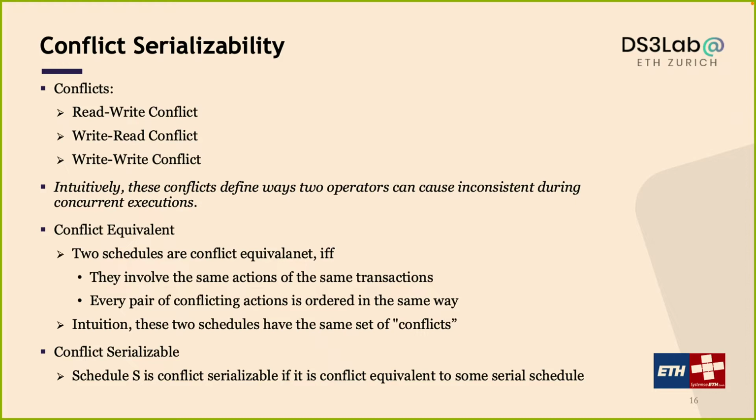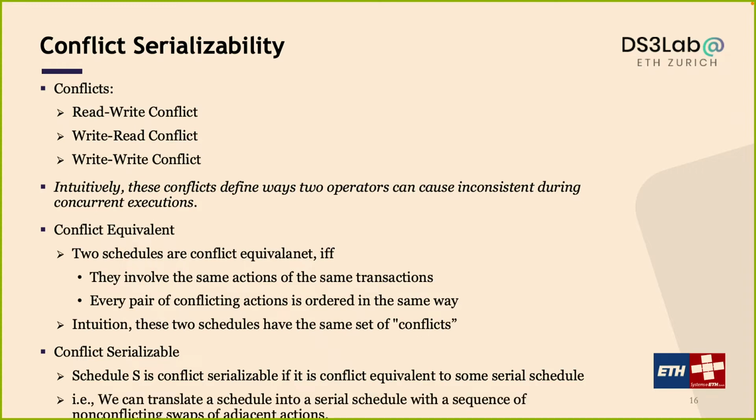If you look at this definition, it's different from serializability. We say a schedule is serializable if it gives you the same result as some serial schedule. And we say a schedule is conflict serializable if it's conflict equivalent to some serial schedule. To decide whether a schedule is conflict equivalent to another one, you do not need to run it, because that only relies on the I/O pattern.